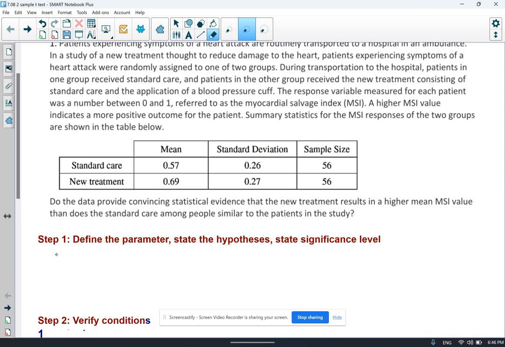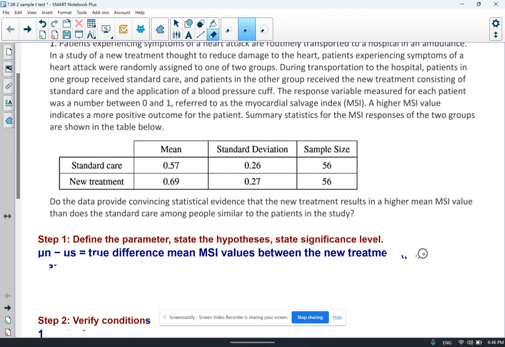So first, we're going to look at, since it's two, the difference of two quantitative variables. And you could either go mu1 minus mu2, but I said mu-n, standing for the new treatment, minus mu-s. And you clearly define this in your problem.